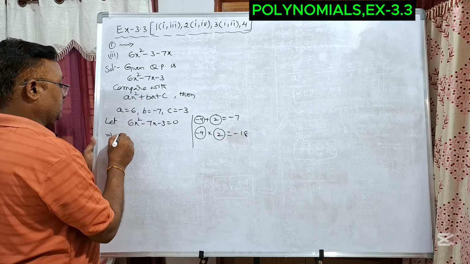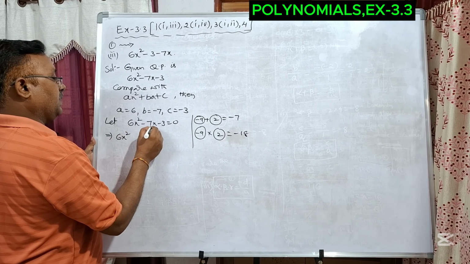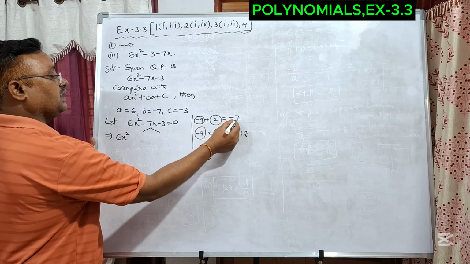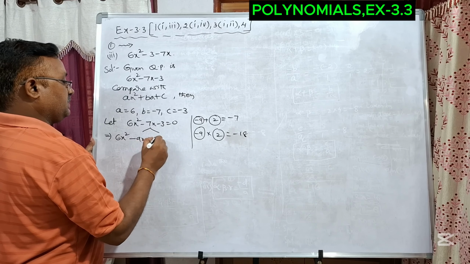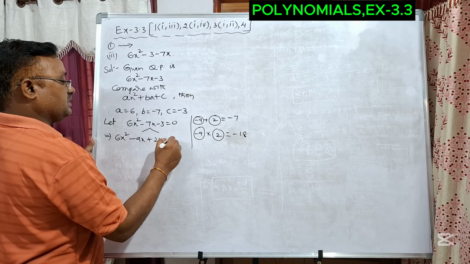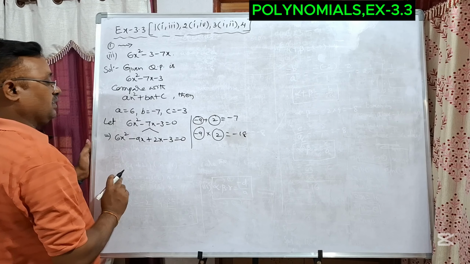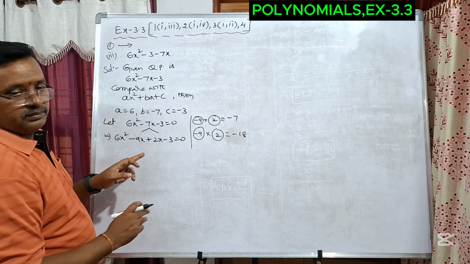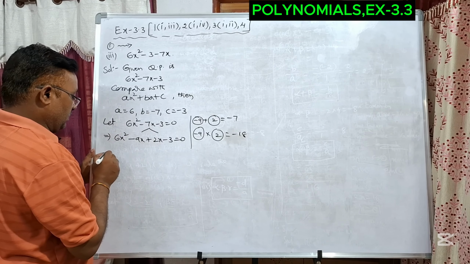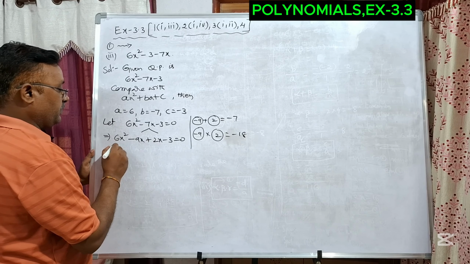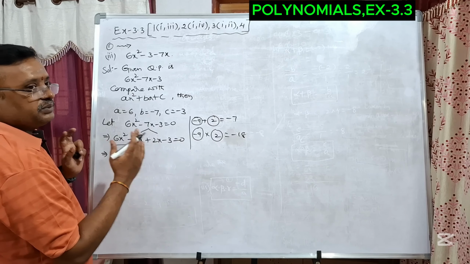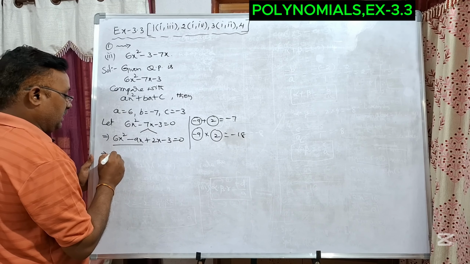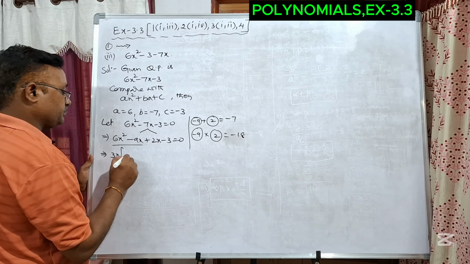So now split the middle term: 6x square minus 7x can be written as minus 9x plus 2x, rest of the constant minus 3 equal to 0. Three terms are becoming four terms for factorization. Now, as I told you before, from the first two terms, take whatever possible value comes common. So here I can take 3x common.